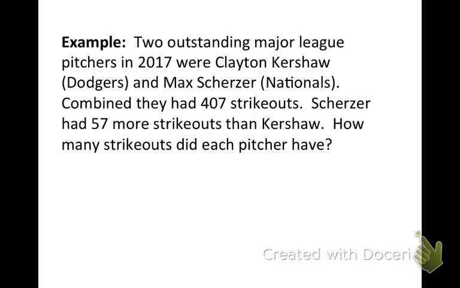So let's look at this sentence right here. Scherzer had 57 more strikeouts than Kershaw. How would you write that as an expression? Would you just put in x plus 57? Sure.